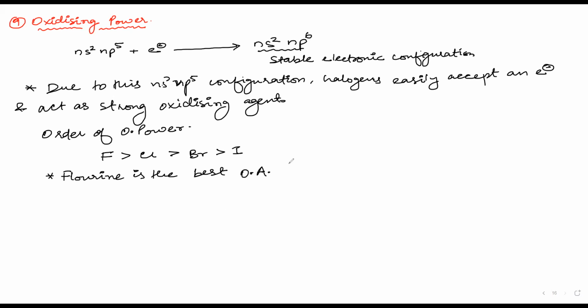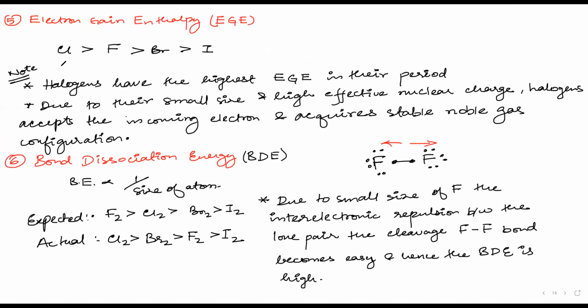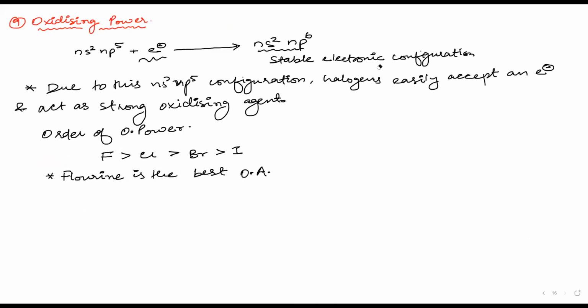Fluorine is the best oxidizing agent. Now you will have a question, sir. Here also it is accepting an electron, and here also it is accepting an electron. But we said that chlorine had higher electron gain enthalpy. That means the tendency to accept electron was higher for chlorine, but now you are saying it is higher for fluorine. Why is that?